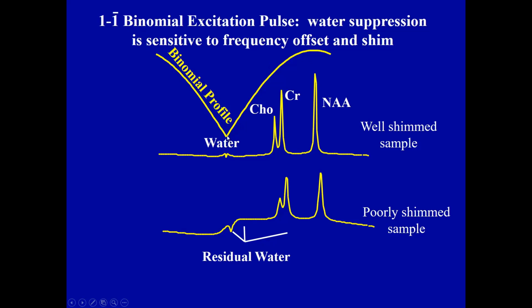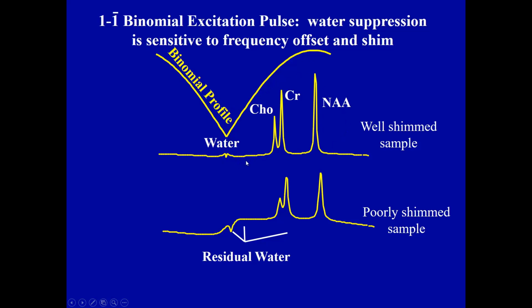Shimming is designed to make the B0 homogeneity very clean. When the shimming is poor, the B0 is spread out. When B0 is spread out, that means the frequencies are spread out. So if a water peak is broad, then components of it are going to be unsuppressed by the binomial pulse.